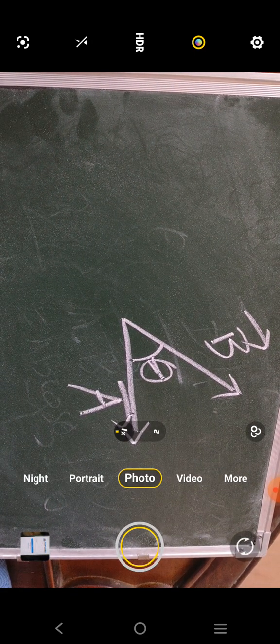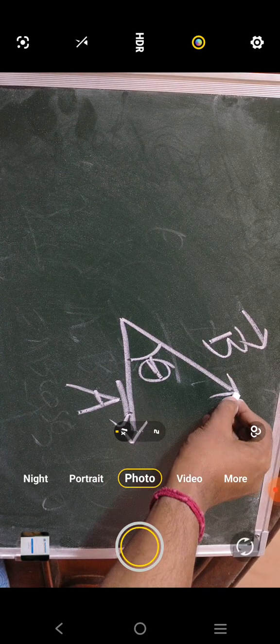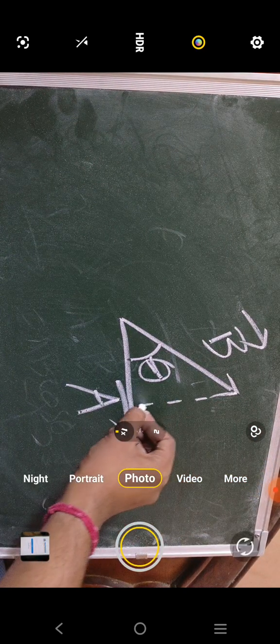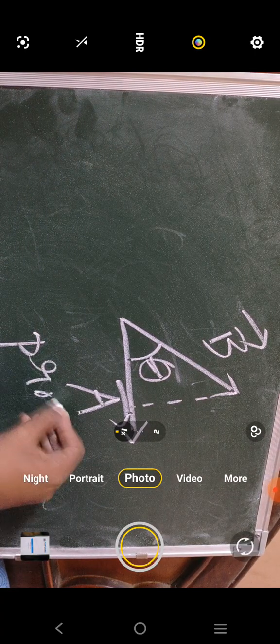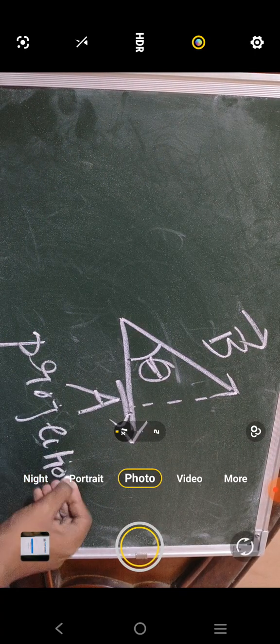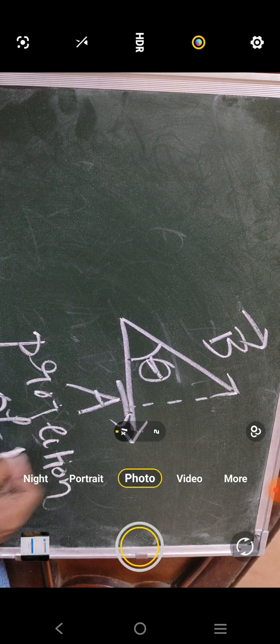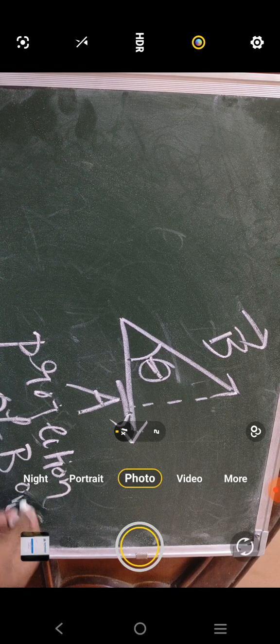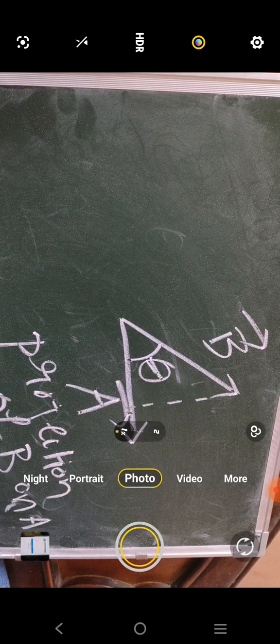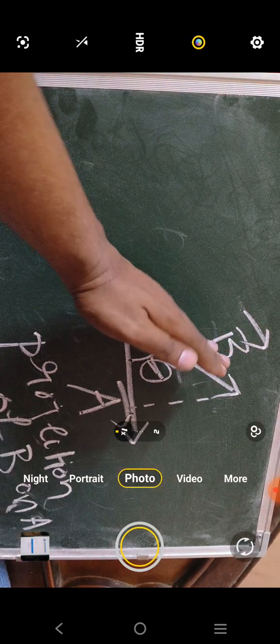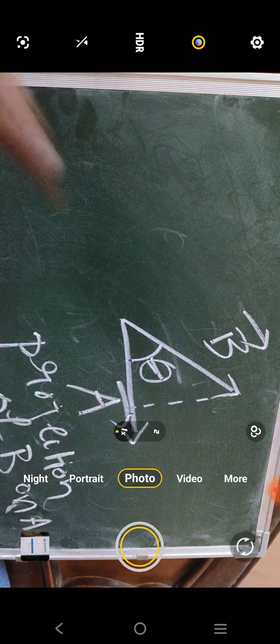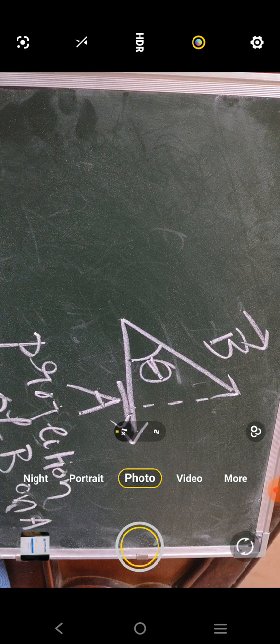Now, if I ask you the projection of B on A, what am I asking? What is the meaning of projection? You see, the B vector has one component along the A direction.